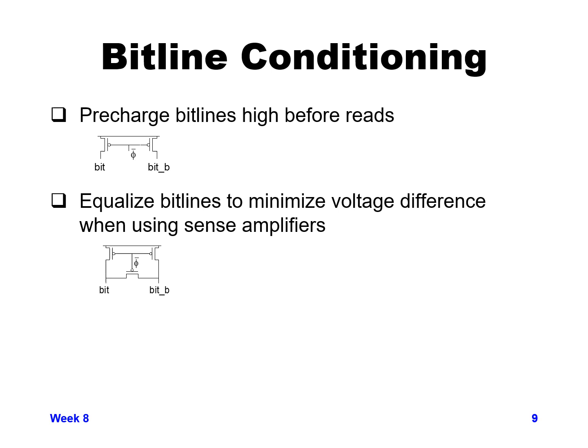Bitline conditioning is something that we need for each column. We've already covered part of this. As I mentioned previously, we need to pre-charge our bit lines to a high value before we do our reads. And so we have two PMOS devices that are clocked by our clock.